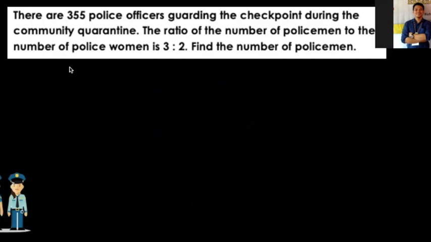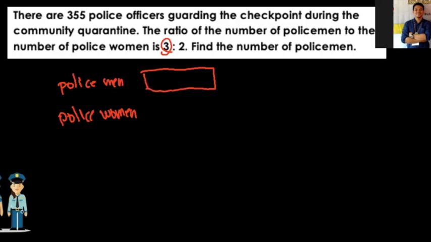So based on the problem, we know that we have here the policemen and the police women. The policemen correspond to 3 units and the police women correspond to 2 units.